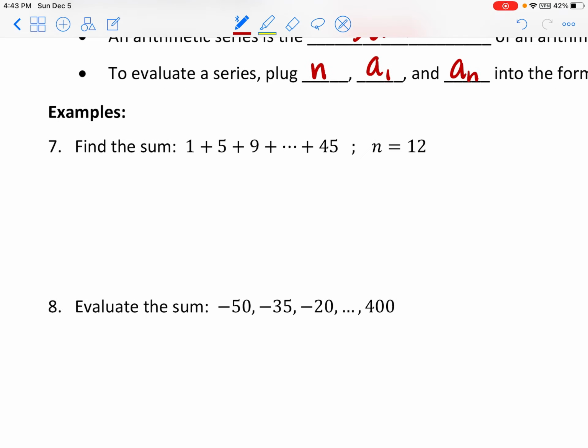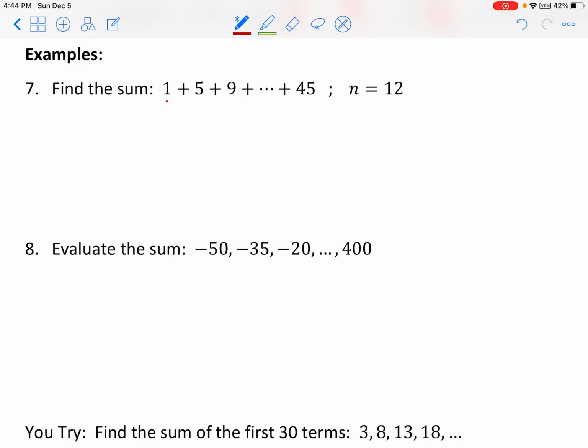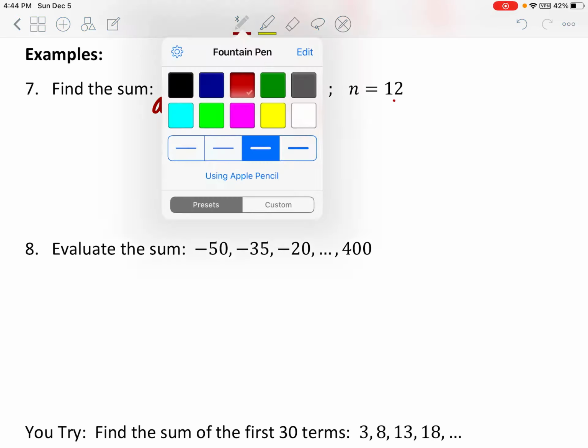Alright, so let's try this out. We want to find the sum. We have a list that starts at 1, ends at 45, and there are 12 numbers on this list. So we have all three pieces. We have a sub 1 right there. We have a sub 12, the last term on the list there. So we're just going to plug these things in.